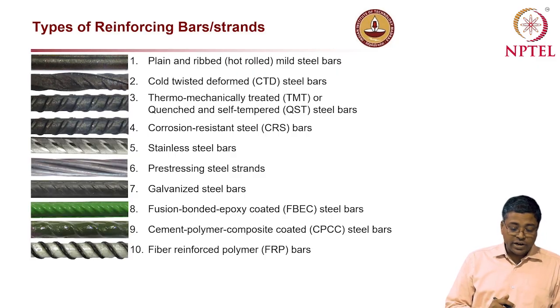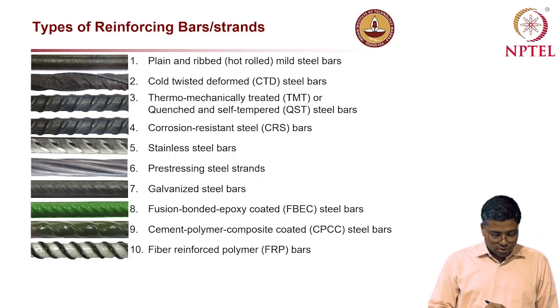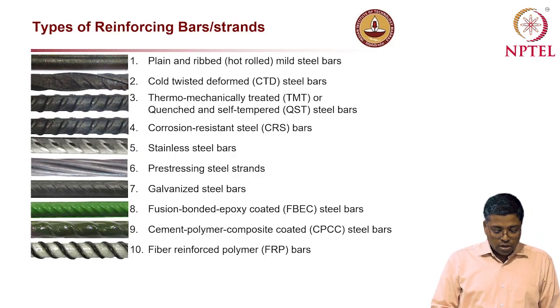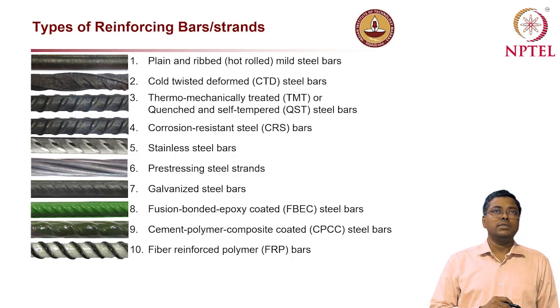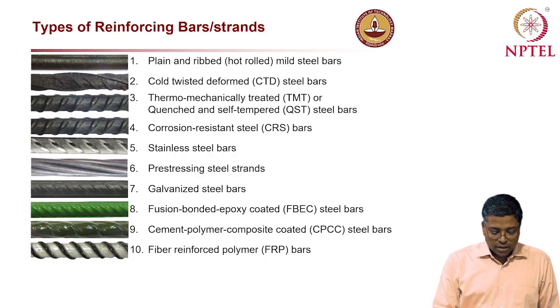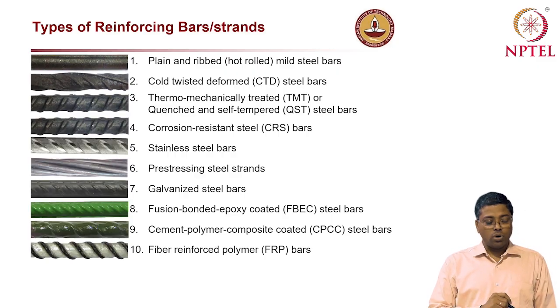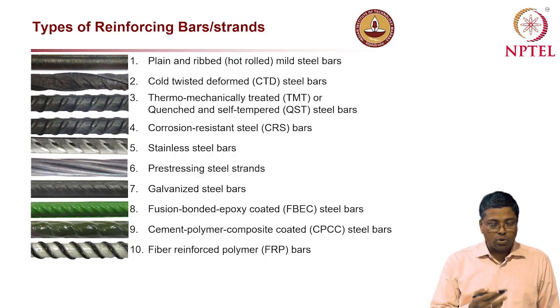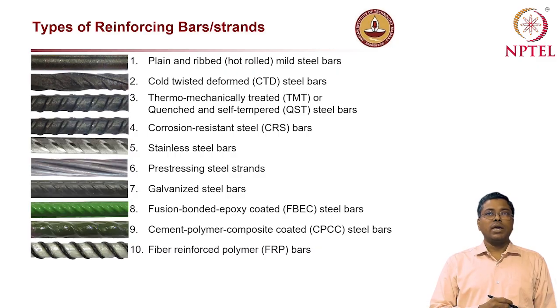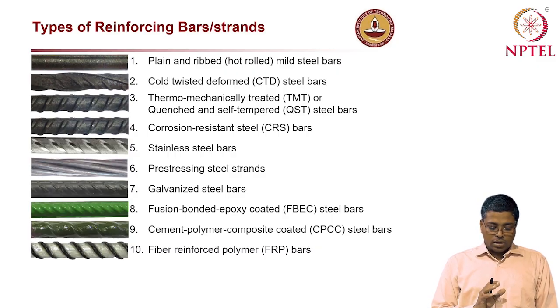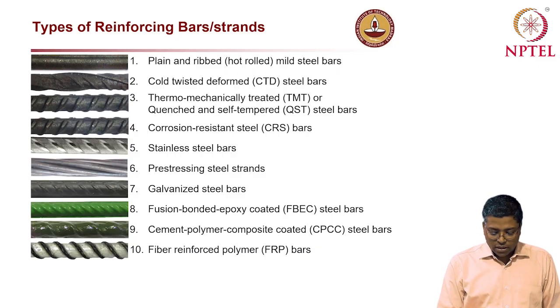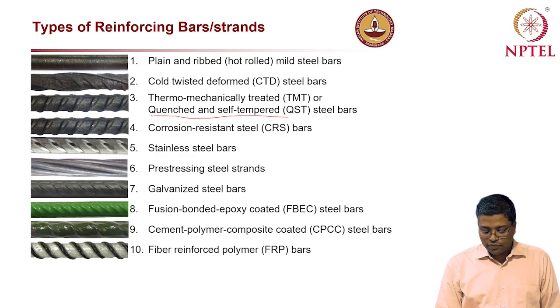Now let's look at different types of rebars which we are going to cover in this module. First one is plain or hot rolled mild steel rebars, and then the next one is cold twisted rebars. Then we use thermomechanically treated, or scientifically speaking, quenched and self-tempered steel.